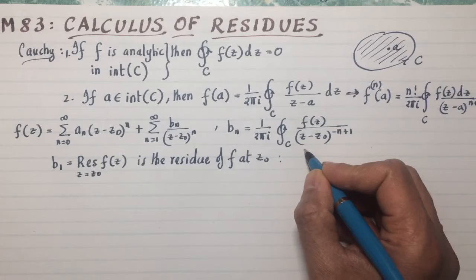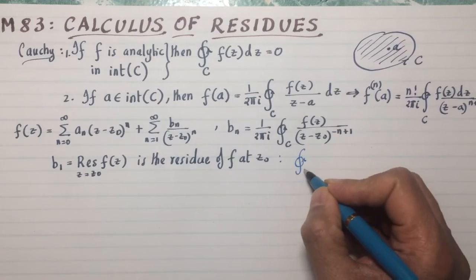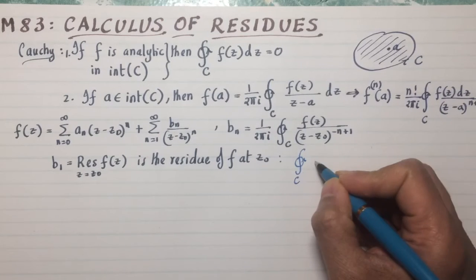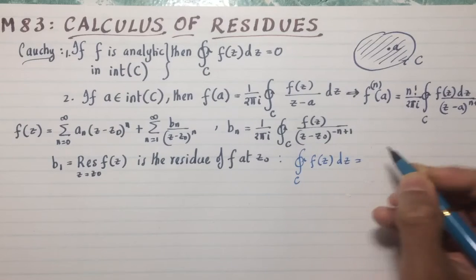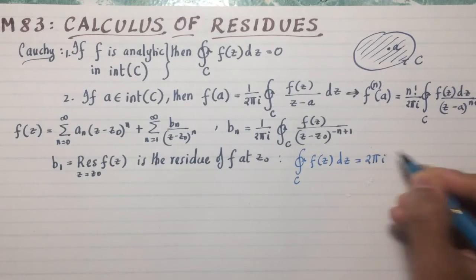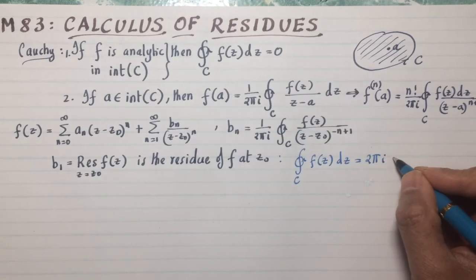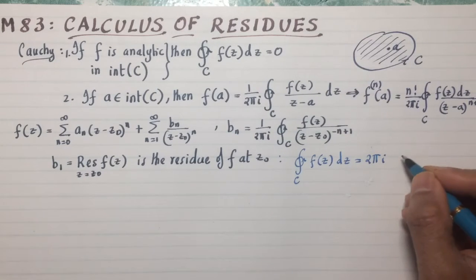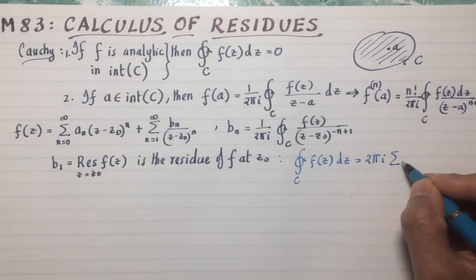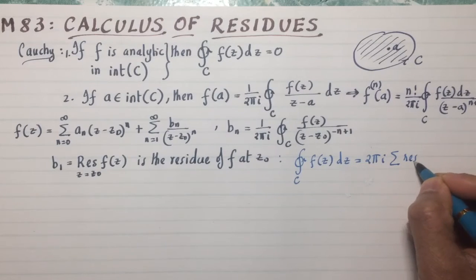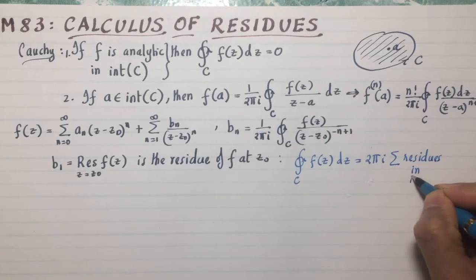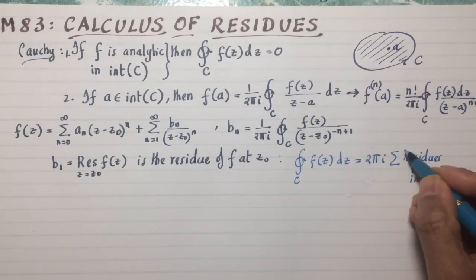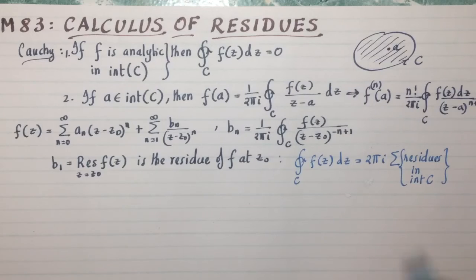And that is the integral of the function f of z dz is just 2 pi i, because I can take the 2 pi i to the other side, times b_1. Now all these b_1s are included, so you write the sum of all the residues in the interior of the domain C. So this is known as the residue theorem.